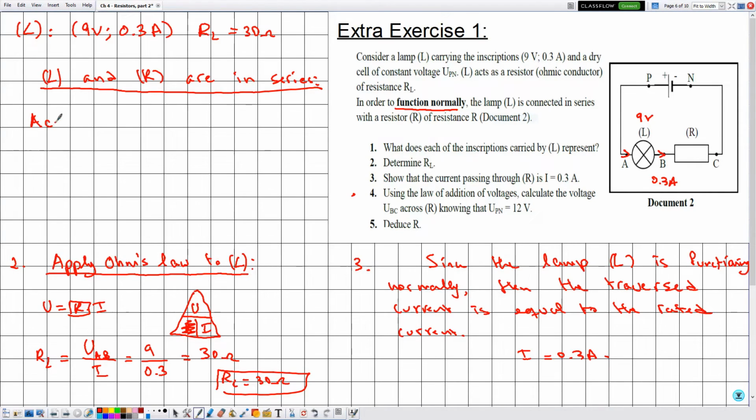Then according to the law of uniqueness of currents, they have the same current, which is given by I is equal to 0.3 amperes. So now we know that the current traversing the resistor R is given by I is equal to 0.3 amperes.